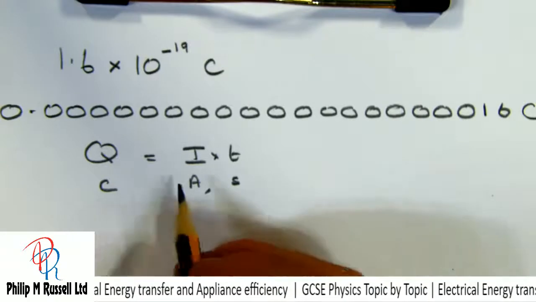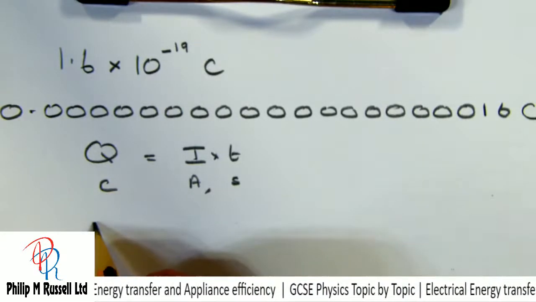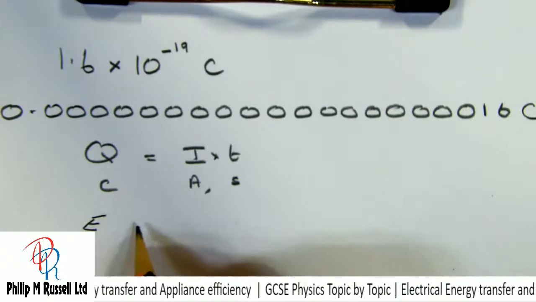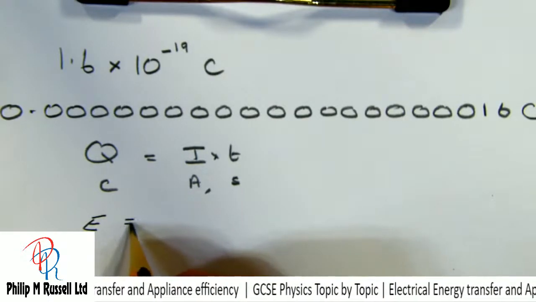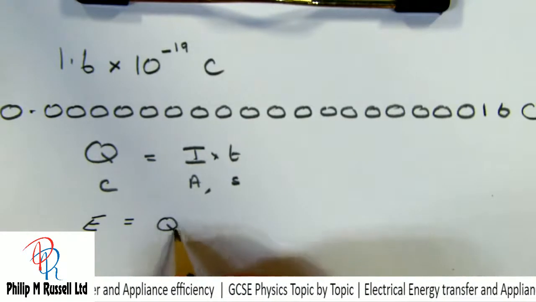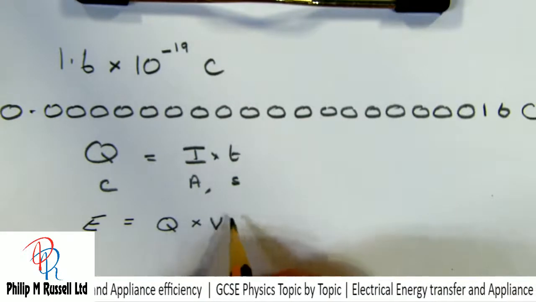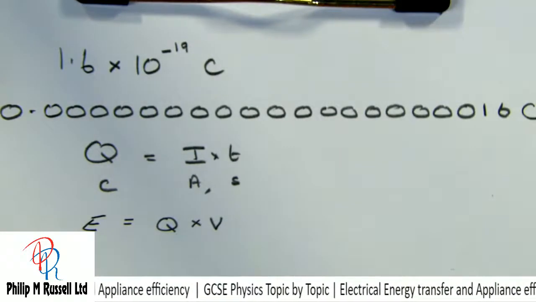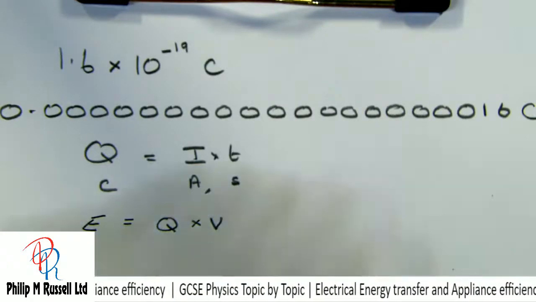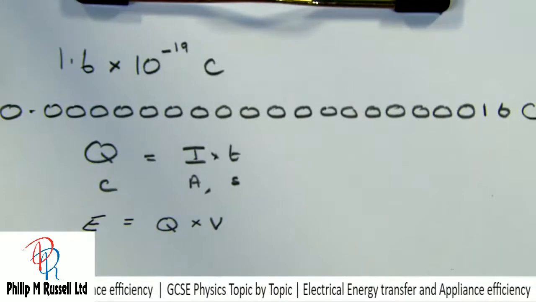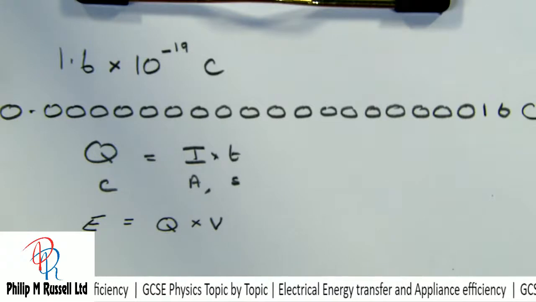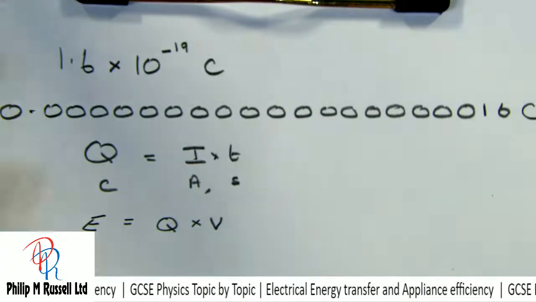And if I wanted to try and measure the energy going through, then my energy here is going to be this flow of charge times the volts. We can use these formulas to work out a whole series of different problems. And let's just pick up a couple of these problems to try and solve.